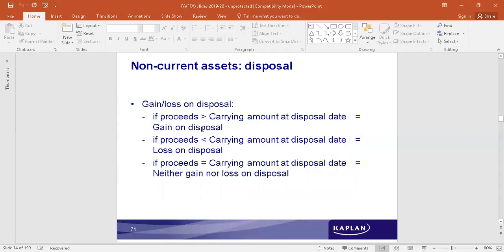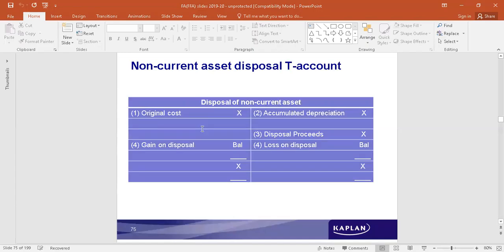If it is 40 carrying value, they receive less than that, let's say 38, the difference of 2,000 is a loss. Whether it is gain or loss, it should be taken to the statement of profit and loss account. If the carrying value and the sale value are equal, there is neither a profit nor a loss.